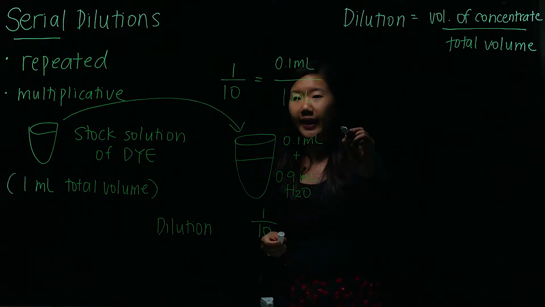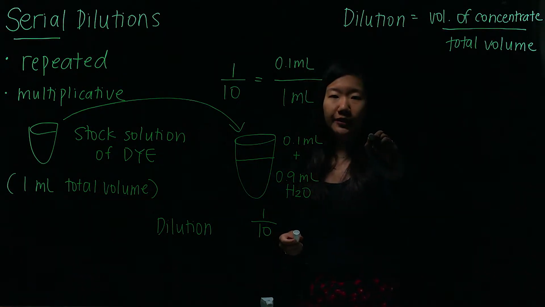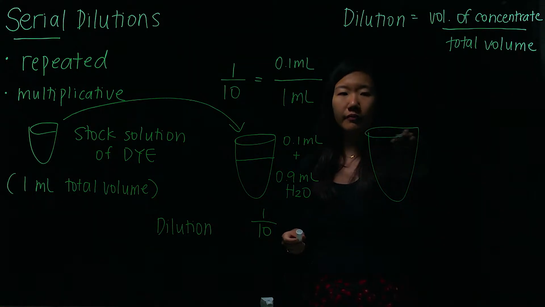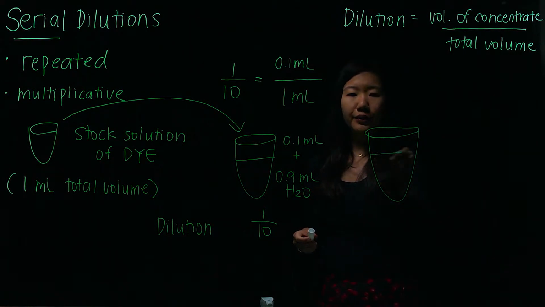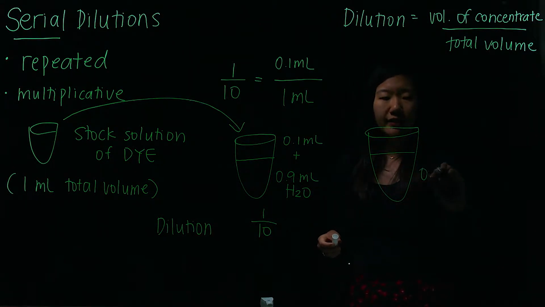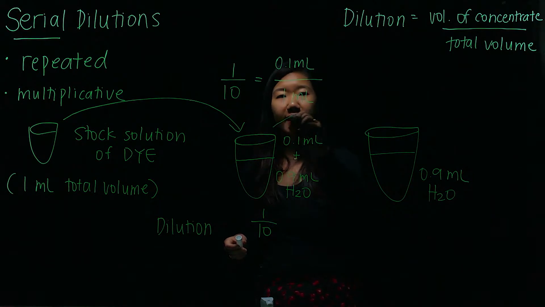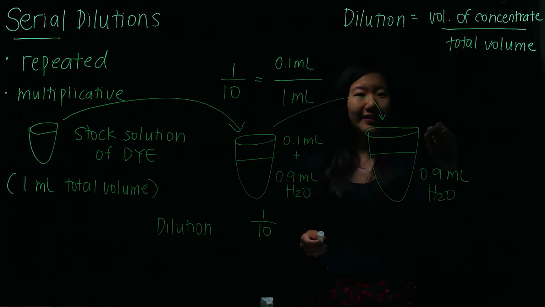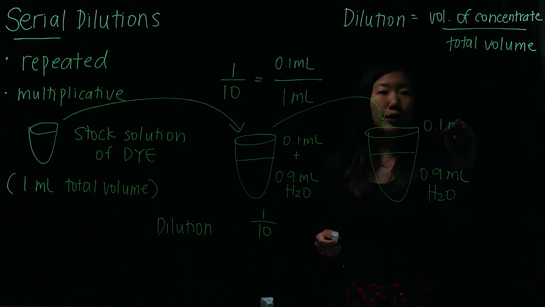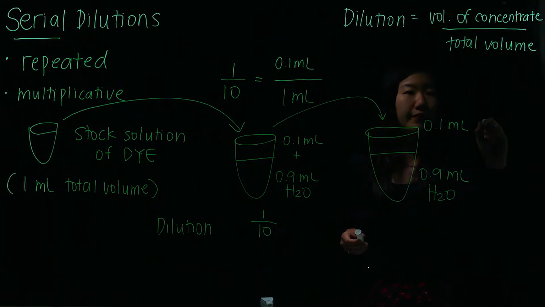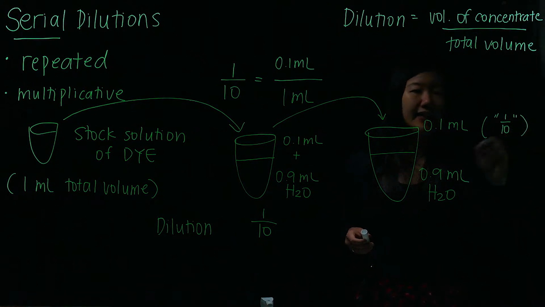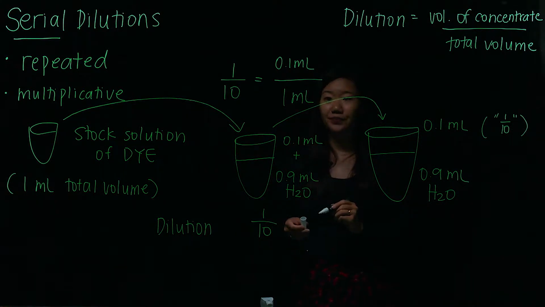So we would have 0.9 milliliters of water, and we would take 0.1 mL from the 1/10 as opposed to the stock solution.